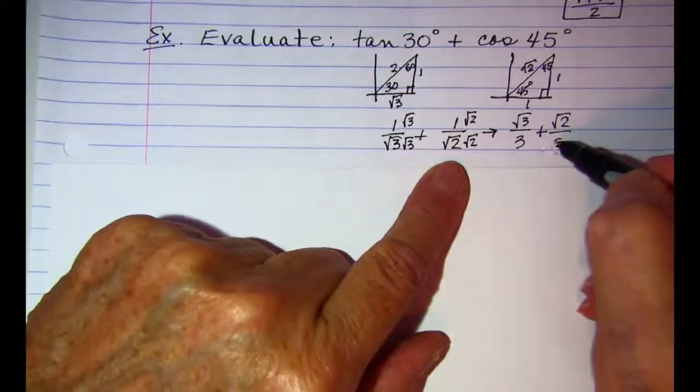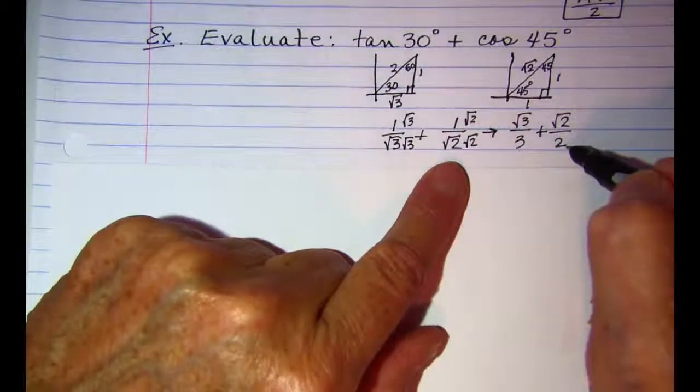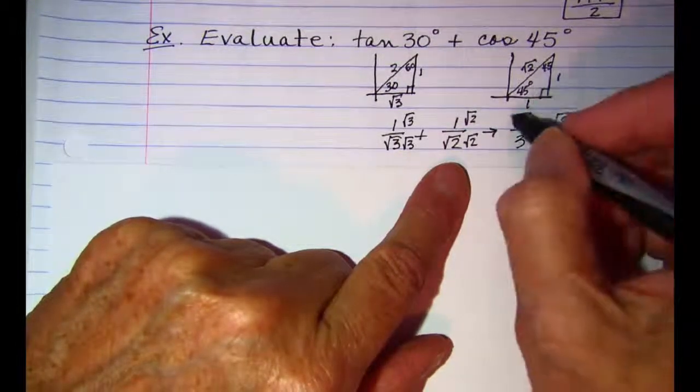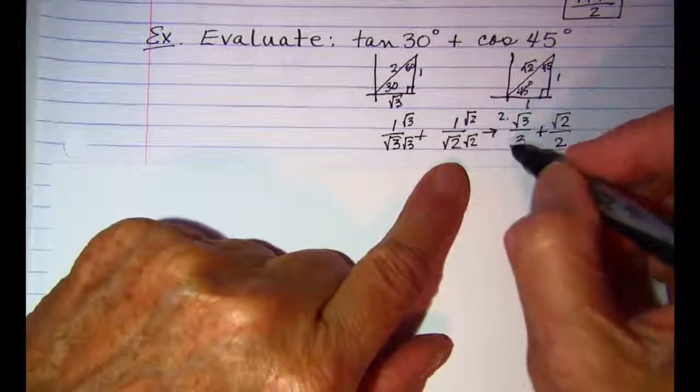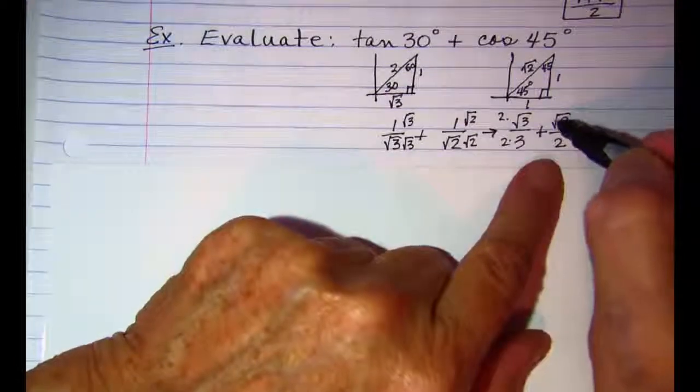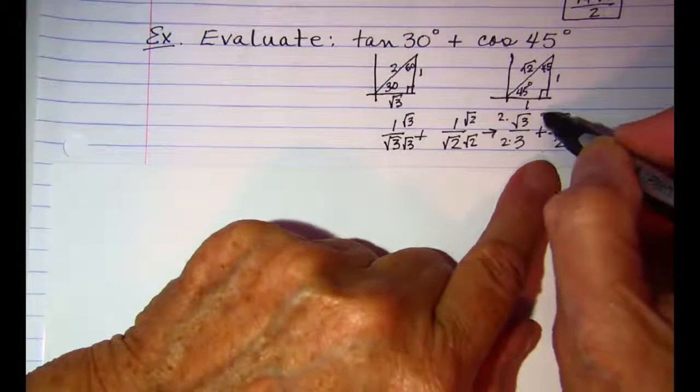Now in order to combine these two fractions, we need a common denominator. We'll make that 6. So we'll multiply top and bottom of this fraction by 2, and we'll multiply top and bottom of this fraction by 3.